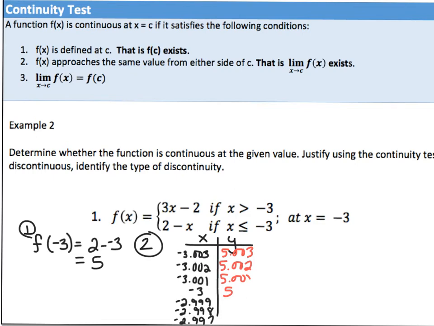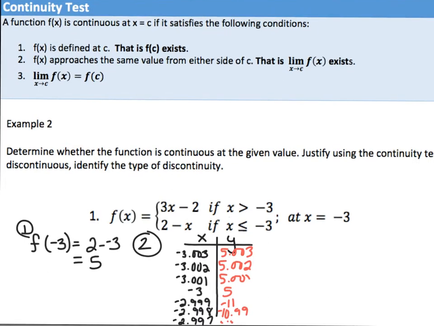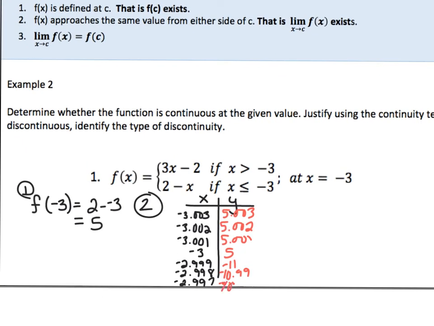Now on the right side, I'm going to use this portion of the function. When I switch this out on my graphing calculator, I get -11, -10.99, -10.98. So I see that it's approaching different values as I move this direction.